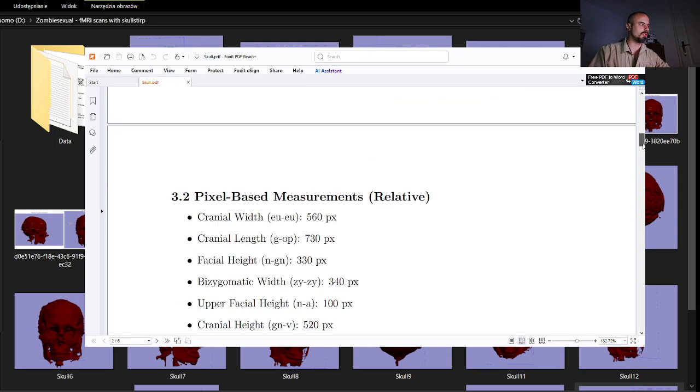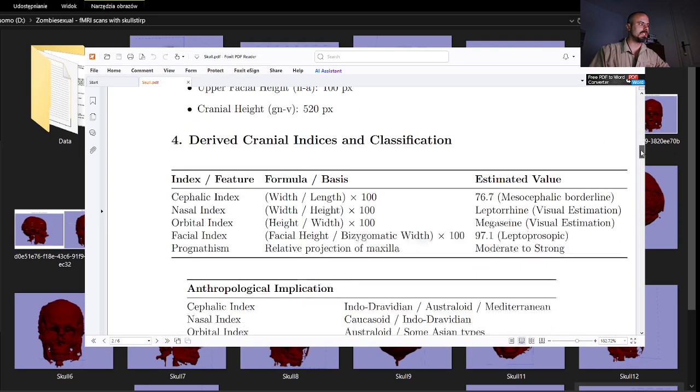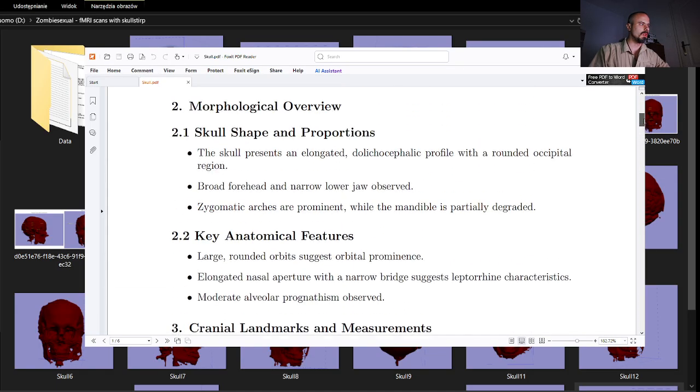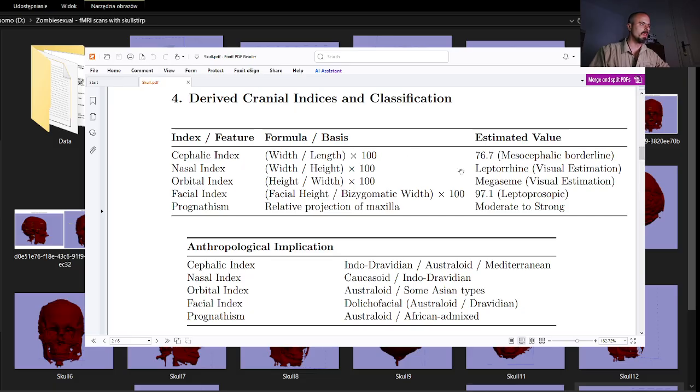Also, I used ChatGPT for this. These are the analyzed measurements in pixels, and these are the ratios. So we have the cephalic index that is mesocephalic to minimum and bordering on dolichocephalic, 76.7, nasal index leptorrhine, orbital index megaseme, facial index leptoprosopic, prognathism moderate to strong, and this gives the indication that the cephalic index is indeed Indo-Dravidian with features of Australoid Mediterranean.